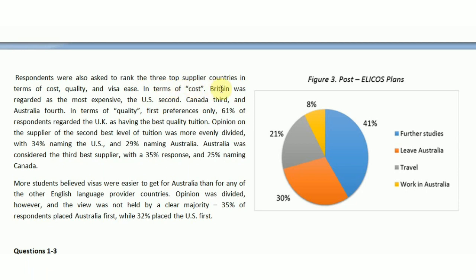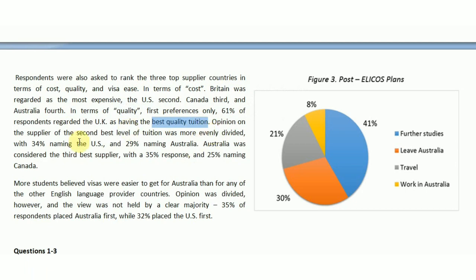In terms of cost, Britain was regarded as the most expensive, USA second. This is okay, but Canada was third. No, Australia needed to be in third position. In terms of quality, 61% of respondents regarded UK first, as the best quality tuition, so they are talking about the quality of tuition.